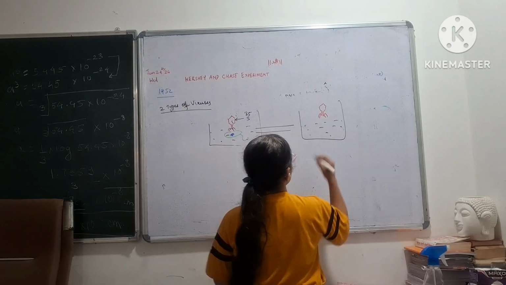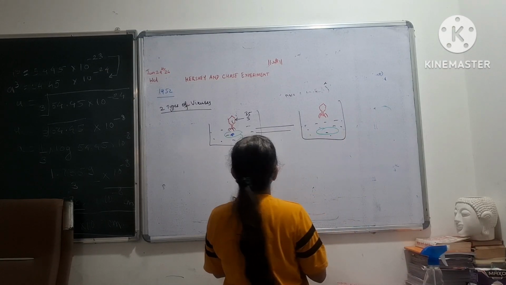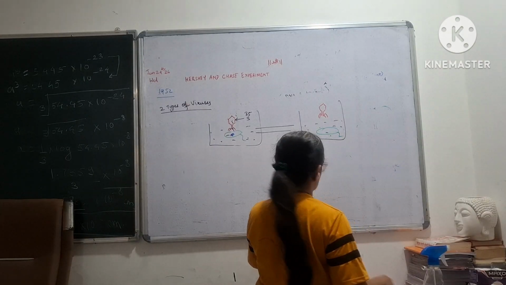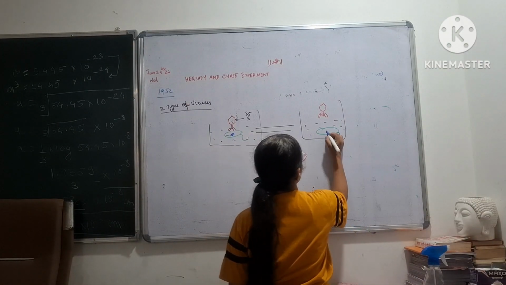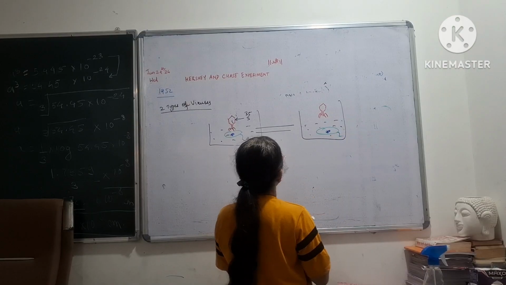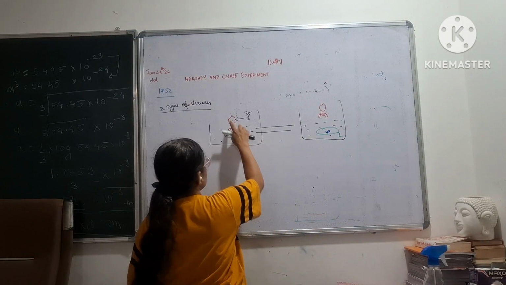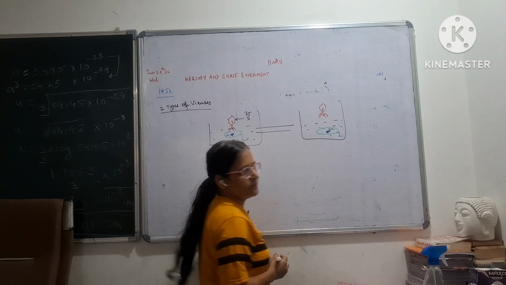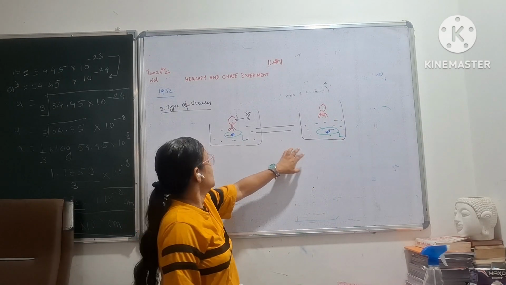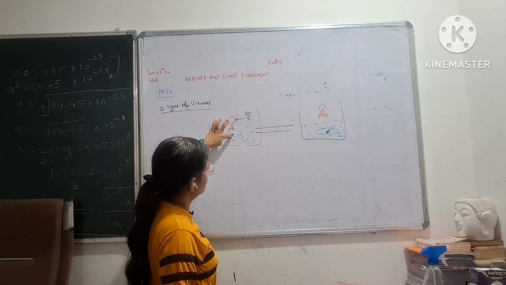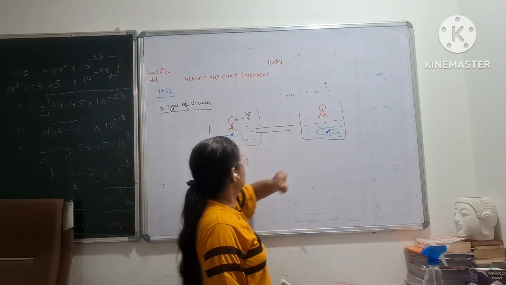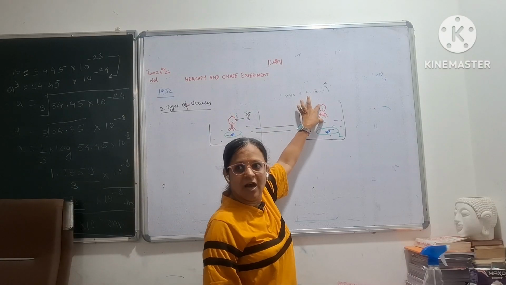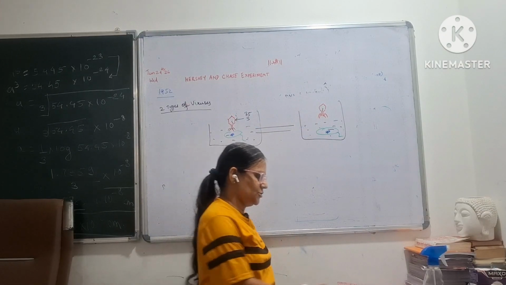In the E. coli cell, you will have its own DNA, which I have shown with blue color, plus the viral DNA which has entered from the virus into the bacterial cell. This part, which is of no use now, will remain outside after centrifugation.